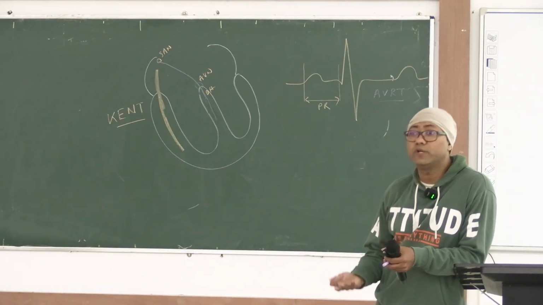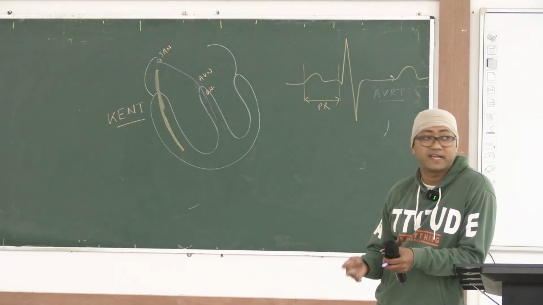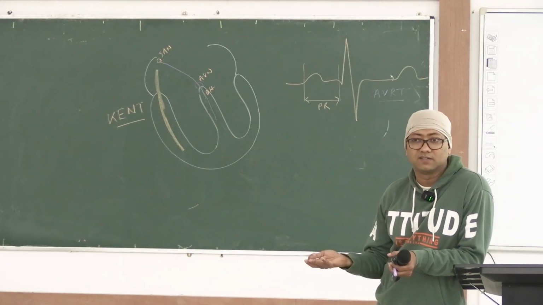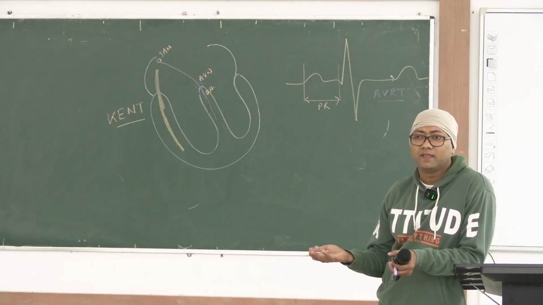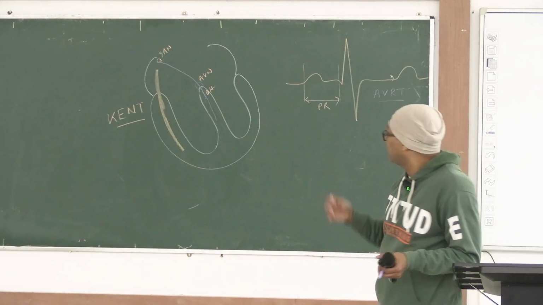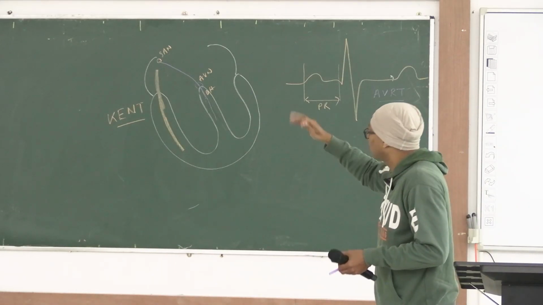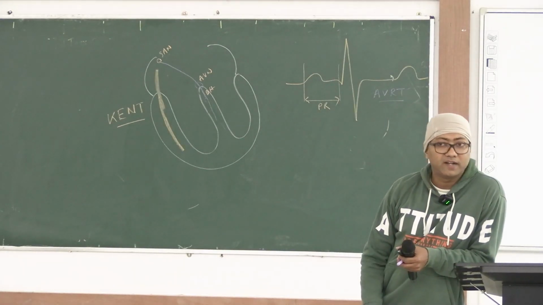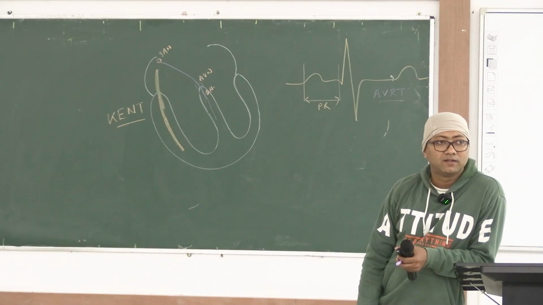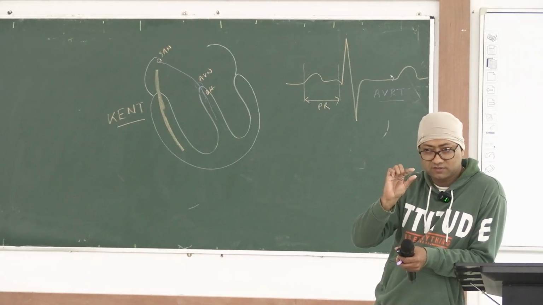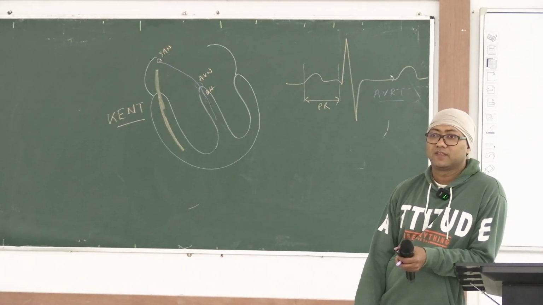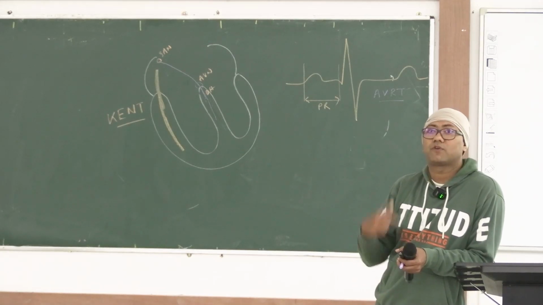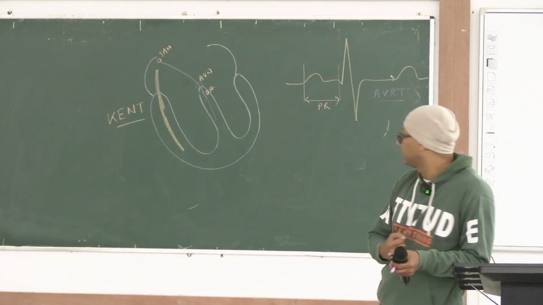It is the time duration action potential takes to travel from atria to ventricle. Now see what will happen if action potential comes through the Kent pathway instead of the normal pathway. PR interval will be short, right? That means action potential will take less time to travel from atria to ventricle, okay?